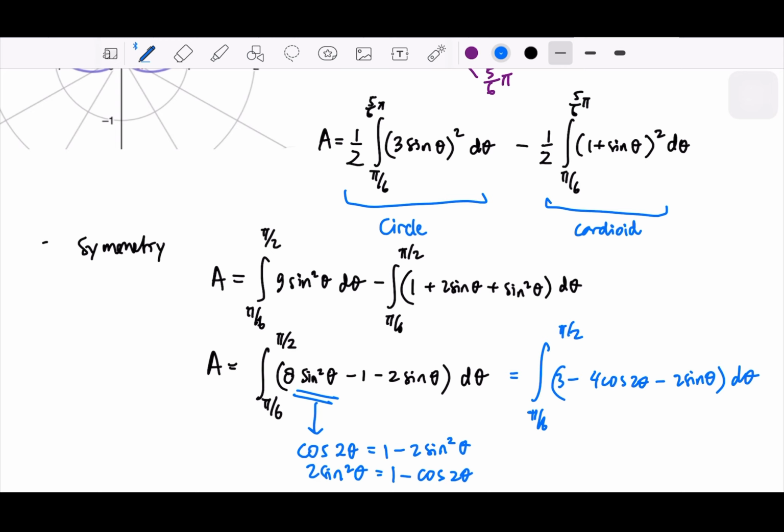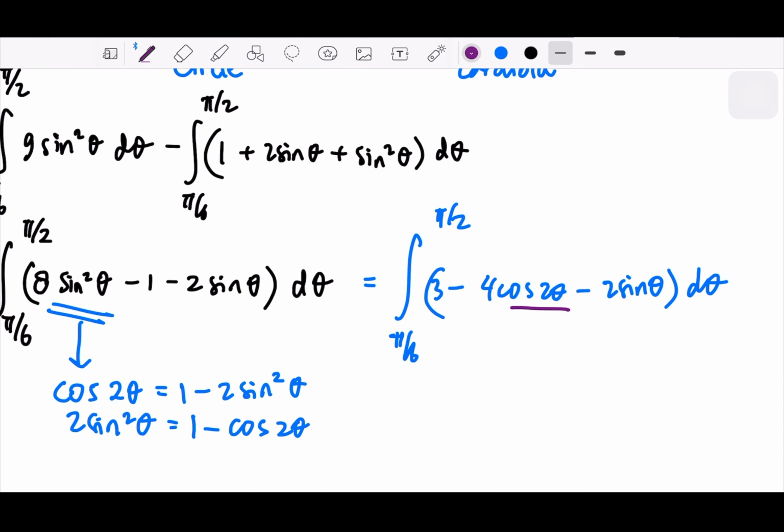Okay, don't forget, if you have this cos 2 theta, don't forget to divide by 2 when you integrate. So this will be 3 theta, negative 2 sine 2 theta, plus 2 cos theta. And plug in pi over 6 to pi over 2.